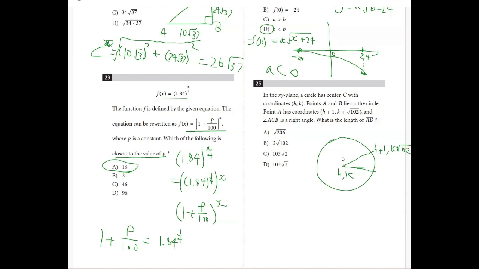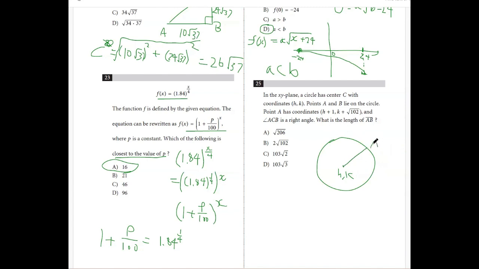And we want to know what the length of AB is. Sorry for my drawing. This should be a right angle. Apologies for the bad drawing. Let's try it again.